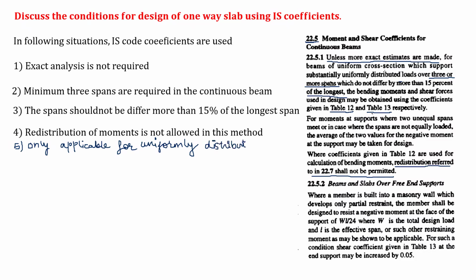If you have any point load in between, then you cannot apply this method because they have mentioned here substantially uniformly distributed loads. So these are the five conditions. When they are satisfied, then we can go with one-way slab with IS code coefficients.